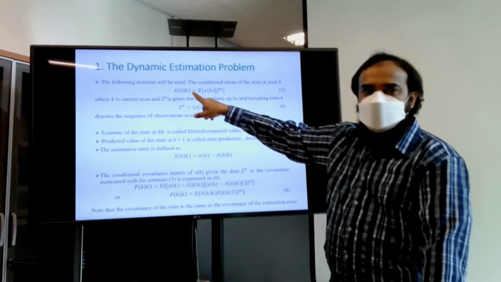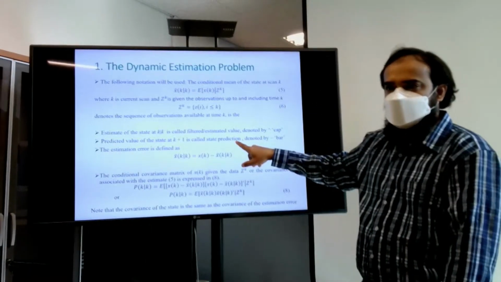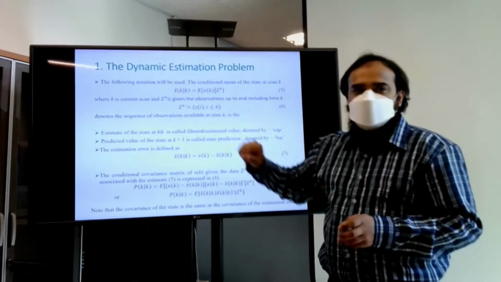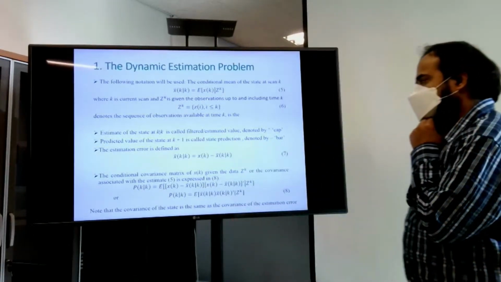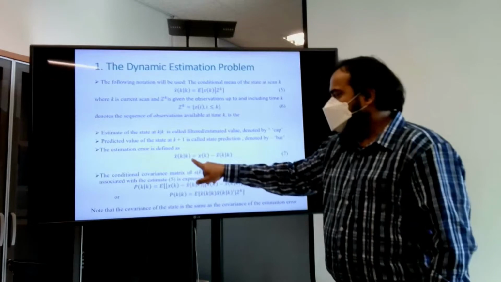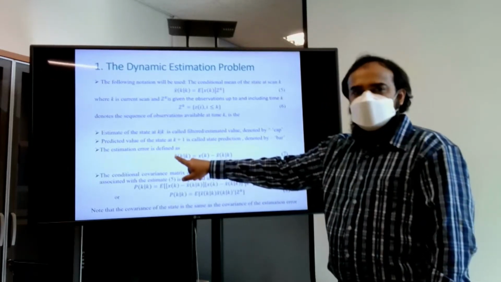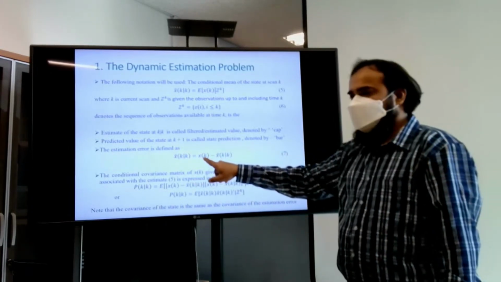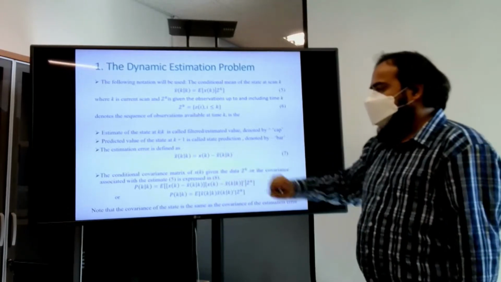Then it will be called the state prediction. You are predicting the next scan's estimated value, and this is the filtered value. And the estimation error is defined as this. This is the notation for the estimation error at time k, equal to the random variable, the problem parameter, minus the estimated value.